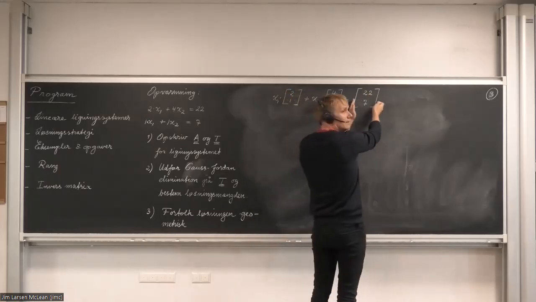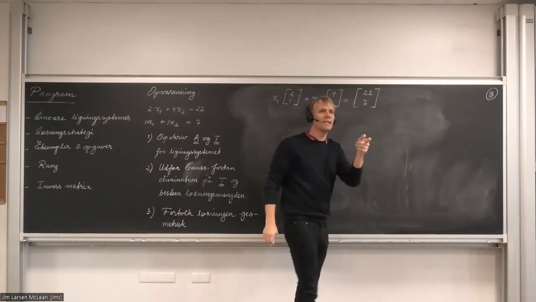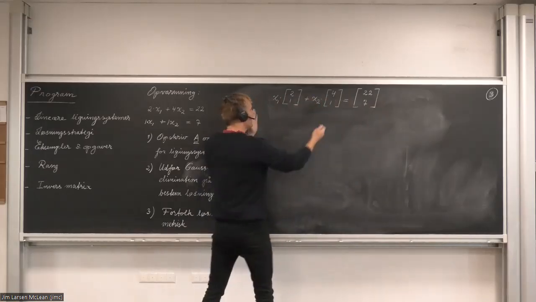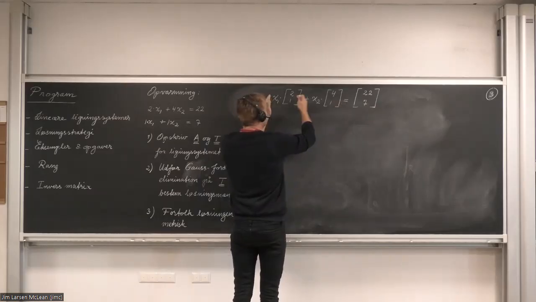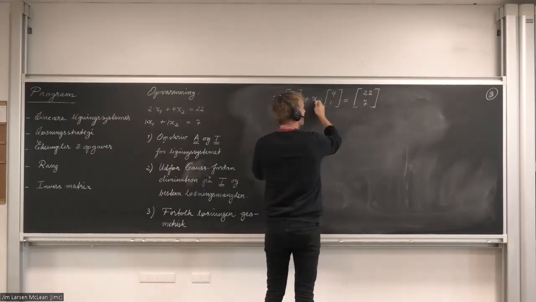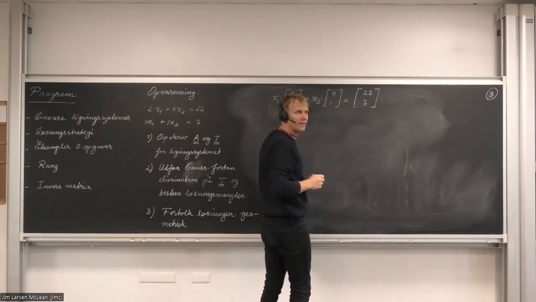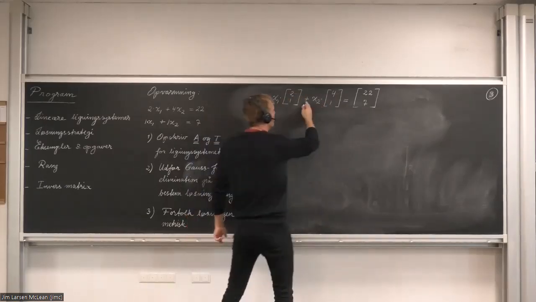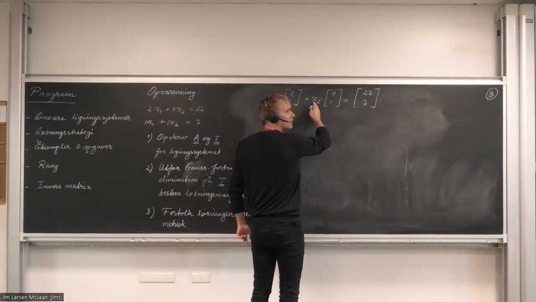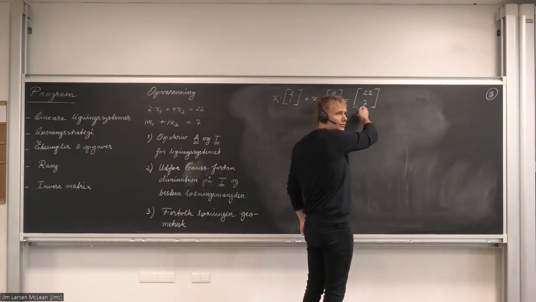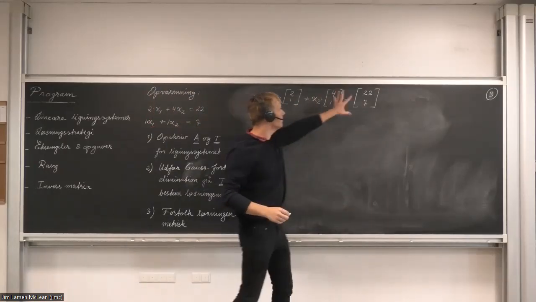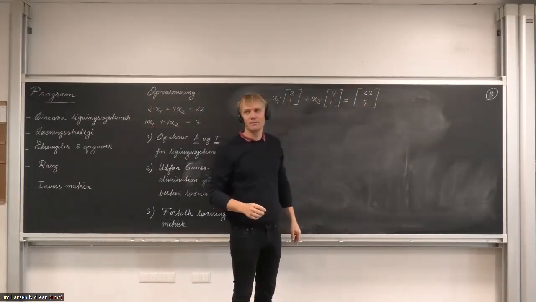If 2 vectors are to be equal to each other, they must have the same first coordinate and the same second coordinate. And what is the first coordinate on the left side? It's 2 times x1 plus 4 times x2. And the second coordinate on the left side is 1 times x1 plus 1 times x2. And that should equal the second coordinate on the right. So I have actually written 2 equations with 2 unknowns, all at once as a vector equation.